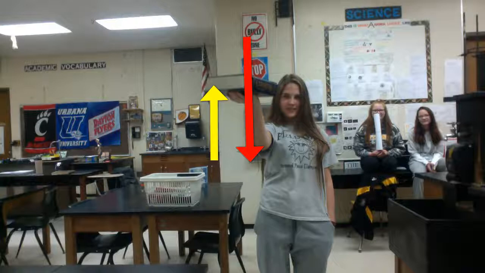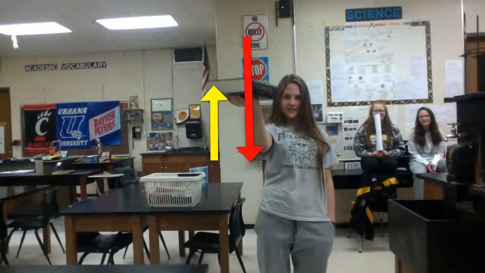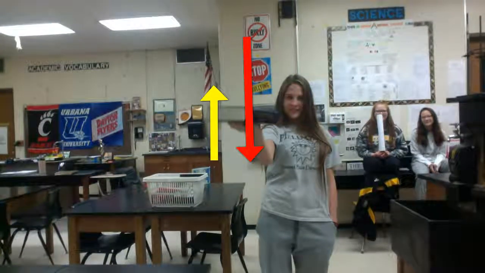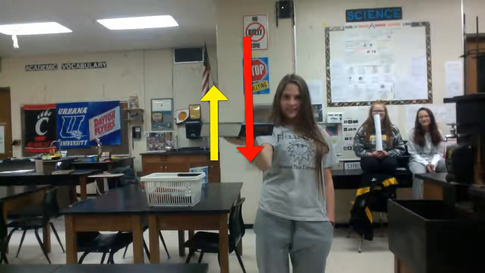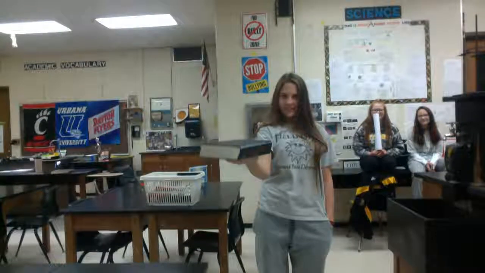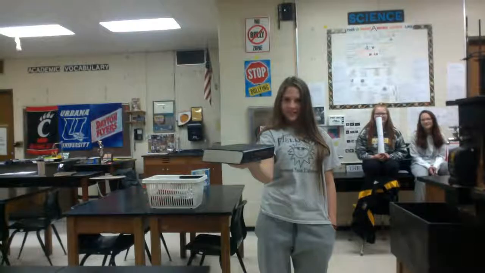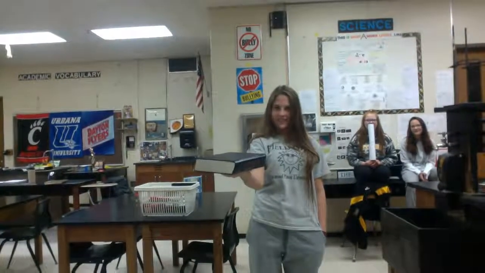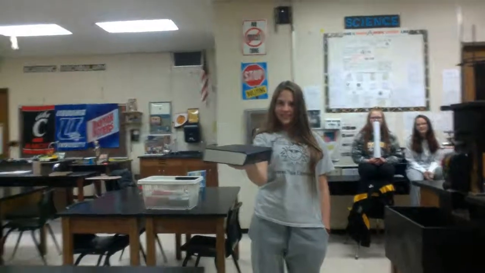So very important to understand this. When force and displacement are in opposite directions, you have negative work. I repeat that. When force and displacement are opposite directions, you have negative work. When they were in the same direction, you had positive work. Well, now let's pretend, what if force goes one direction and displacement goes perpendicular to that?